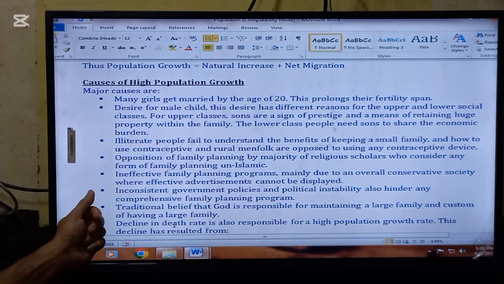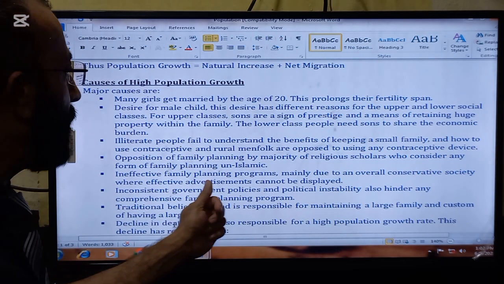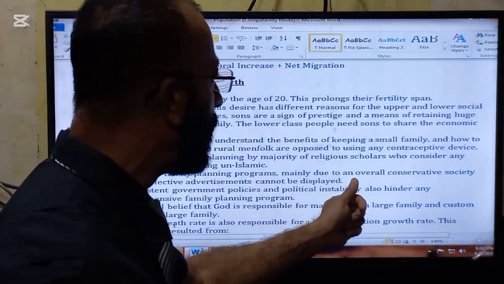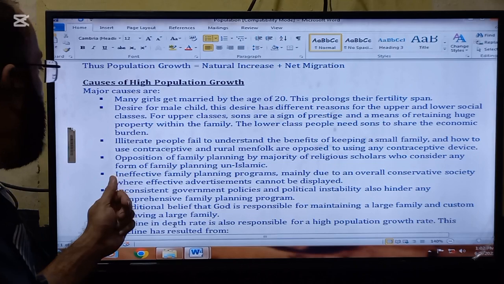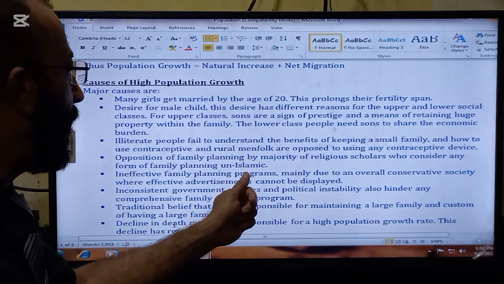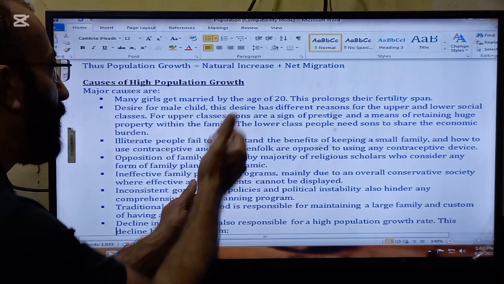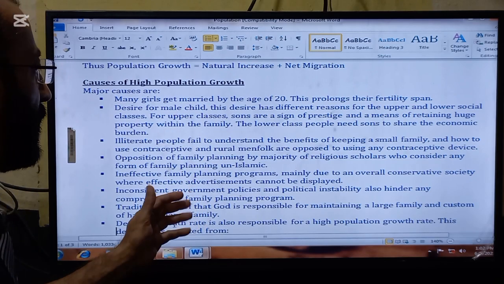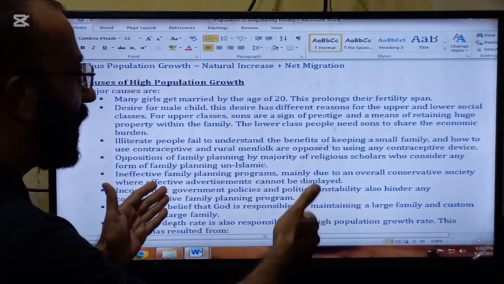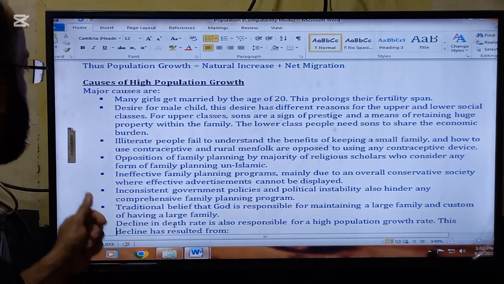Next reason is opposition to family planning by the majority of religious scholars who consider any form of family planning un-Islamic. This is one of the very major reasons for population growth. The ulamas and the Maulvis are against family planning.